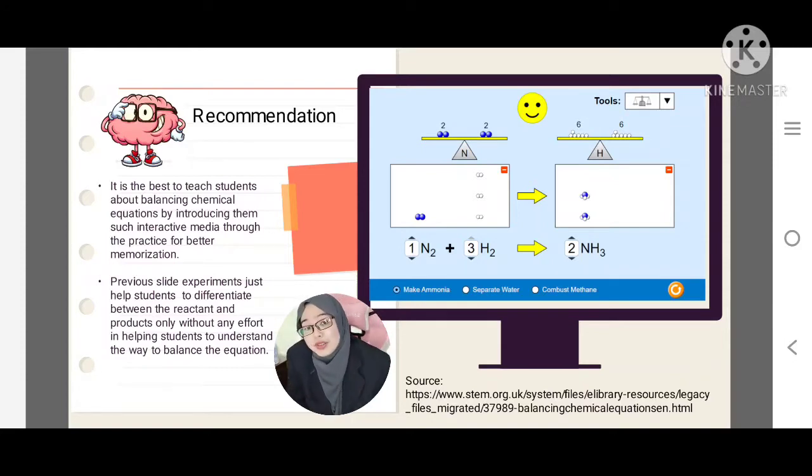It is also for better memorization, because students nowadays like things colorful and fancy. So that will help them with better memorization. Through this practice they will gain understanding, and they could do better in examinations.